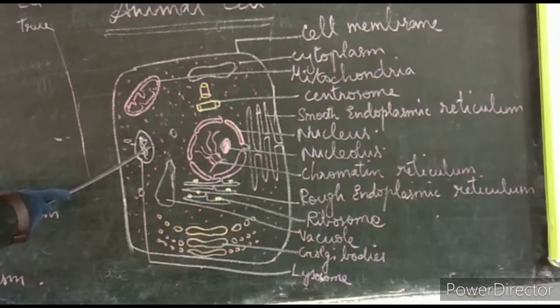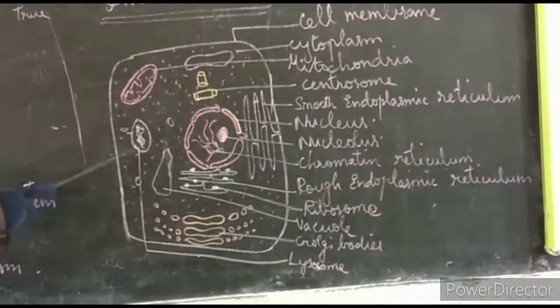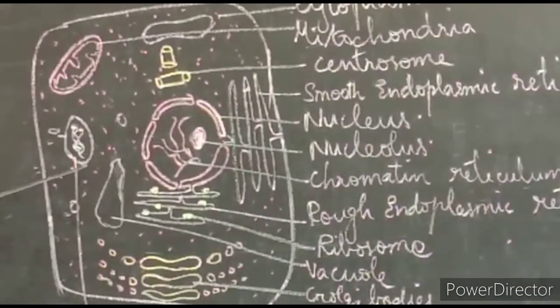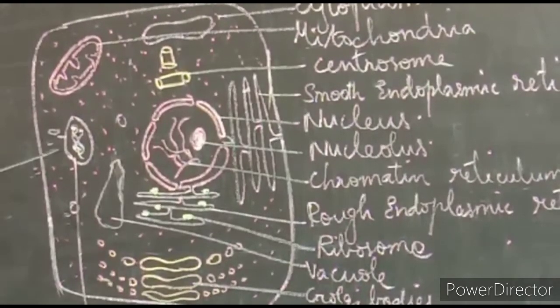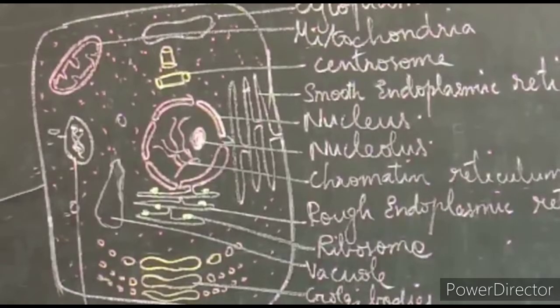We have lysosomes. Lysosomes are known as suicidal bags. They won't allow any foreign bodies to enter inside the cell to create any disease. This lysosome can find out if any foreign object or any poisonous substance is entering through the cell membrane.